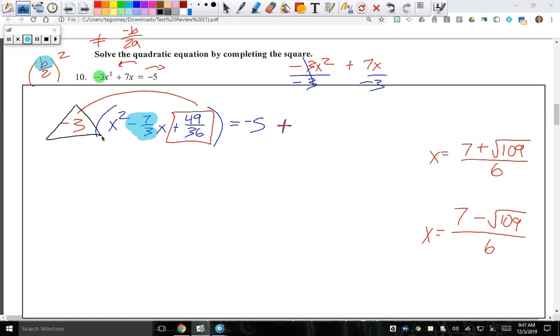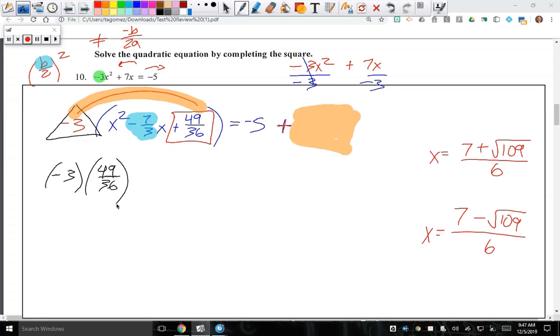If it was a 1, I would. But because it's a 3, I have to multiply these two to see how much am I actually adding to the right side, or subtracting in this case. So with the calculator, you could put negative 3 multiplied with 49 over 36, or you could do this by hand.